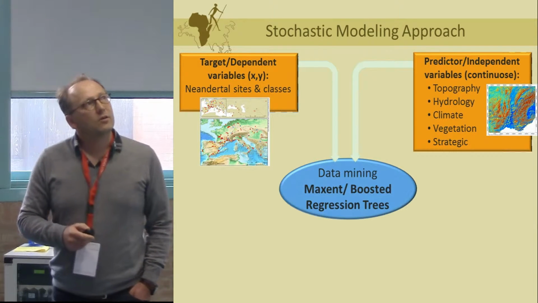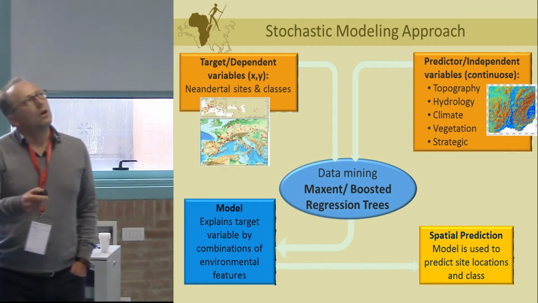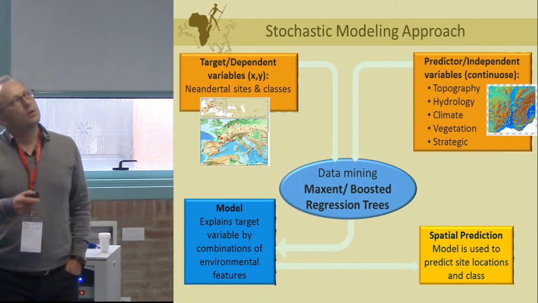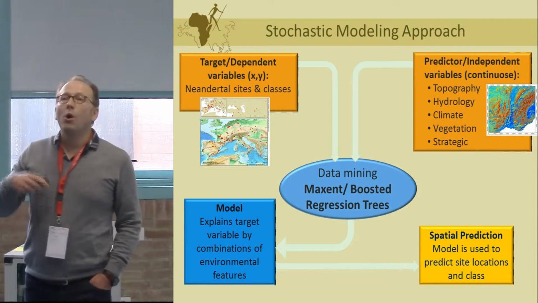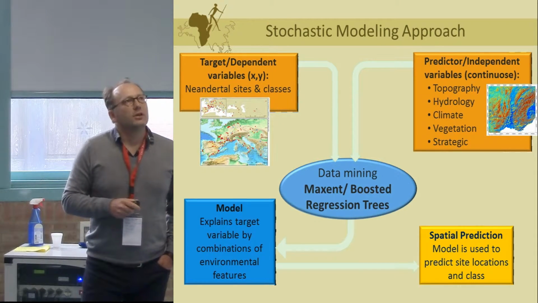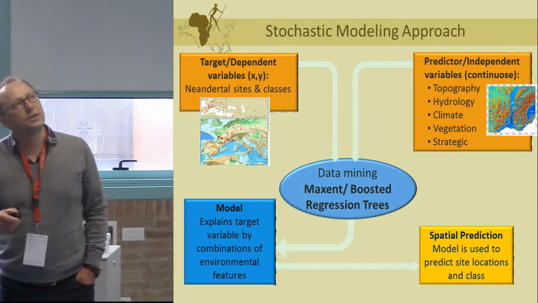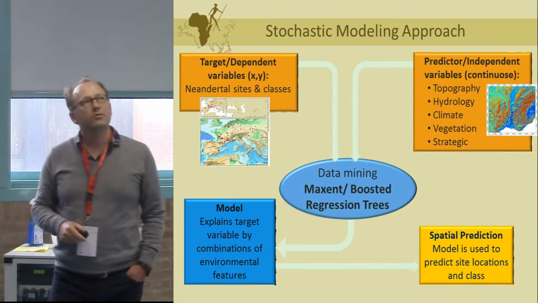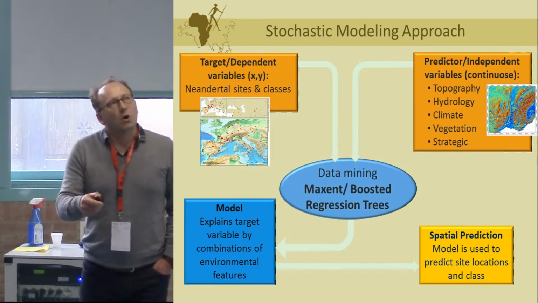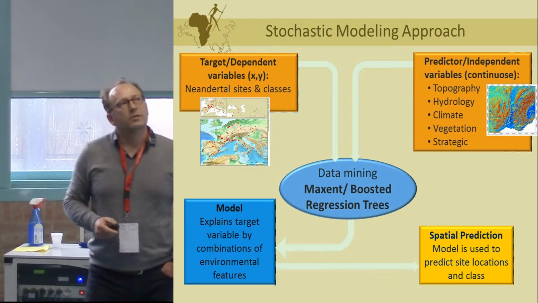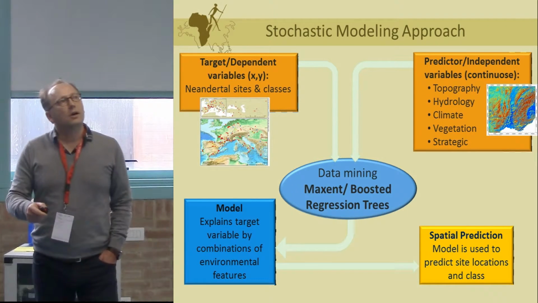So here again, a diagram showing the approach. So we have a target variable, in this case the Neanderthal classes, or the anatomical modern humans. On the other hand, we have the predictor variables based on topography, and from topography we derive information also describing hydrological, climate, vegetation, or strategic issues.